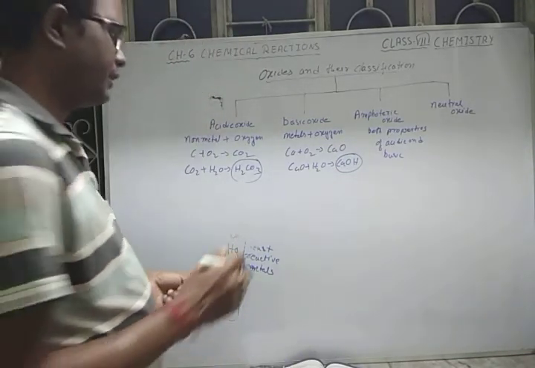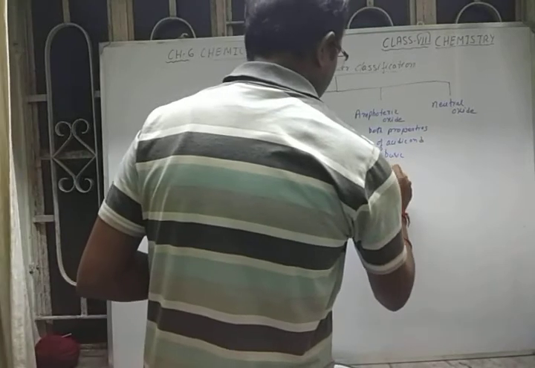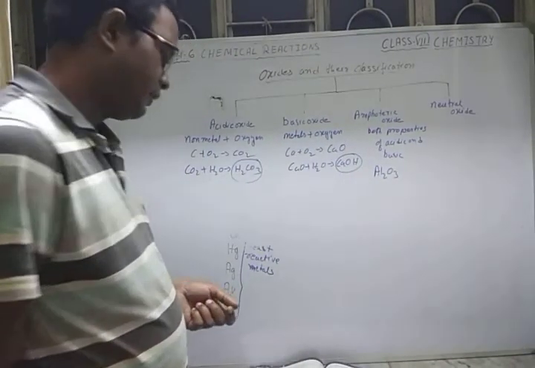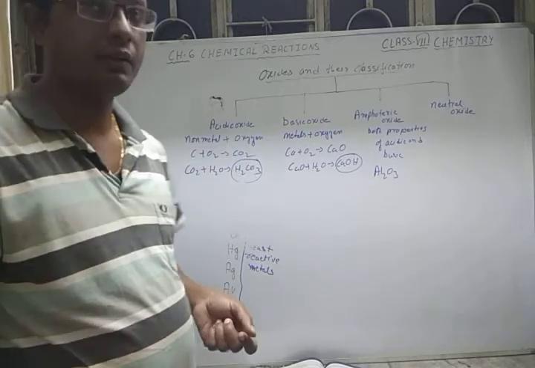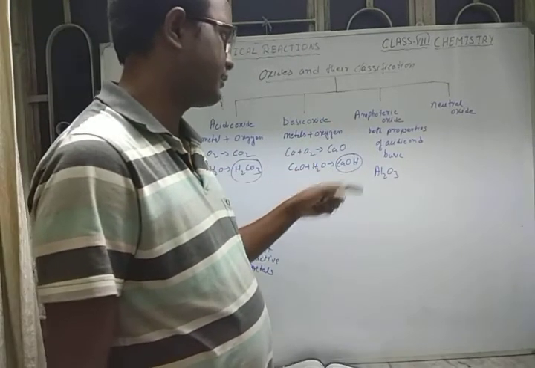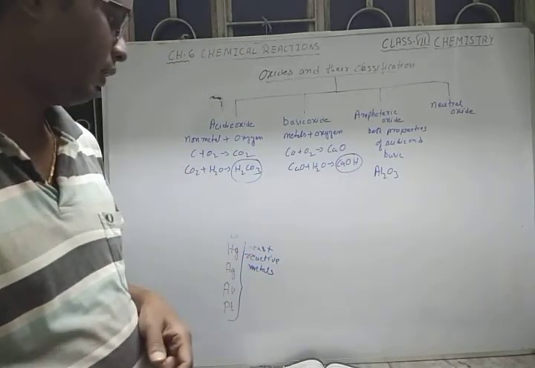For example, Al2O3, dialuminium trioxide, is an example of an amphoteric oxide.